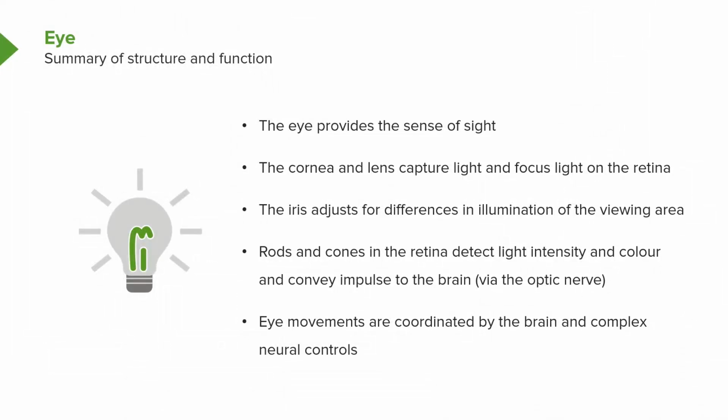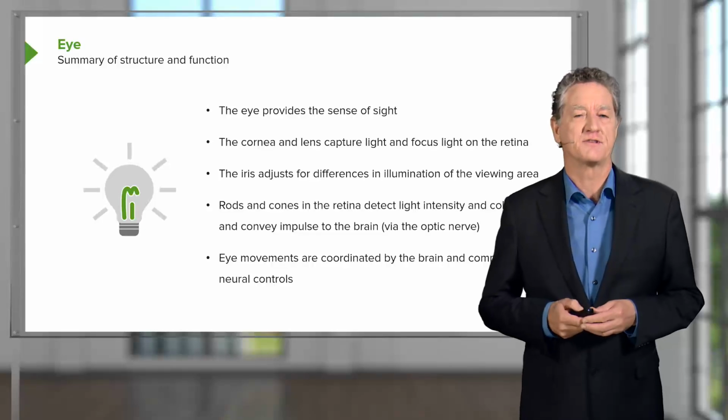And then extraocular muscles, which I won't describe in this lecture. I'll leave that to the anatomists. The extraocular muscles actually move the eye, and they're coordinated by very precise impulses coming from the brain. But as I said, I'll leave that to the anatomist to describe for you.